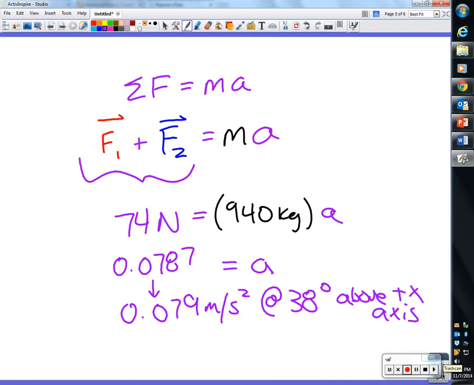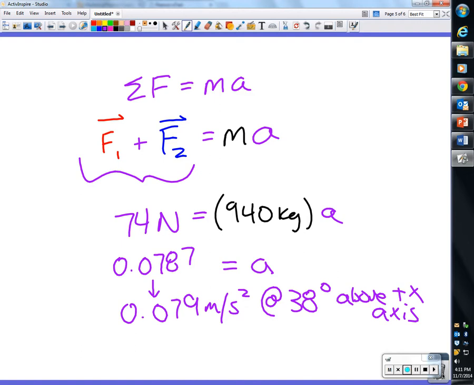Another application of Newton's second law, using forces that aren't on the same axis, but still combine together to determine the acceleration of the object.